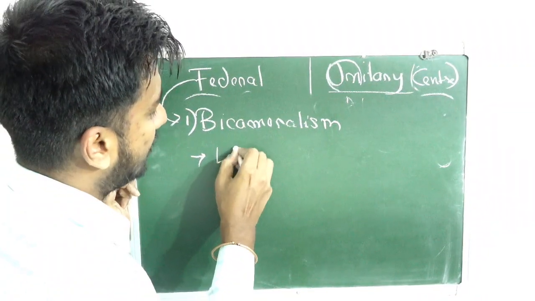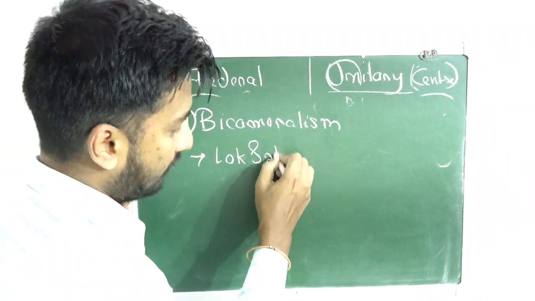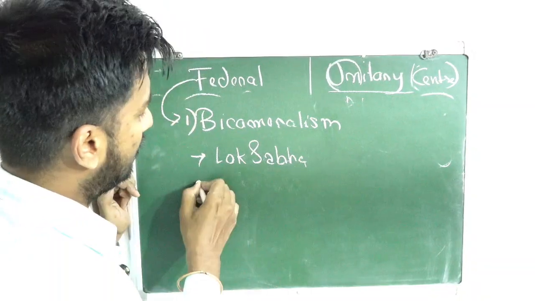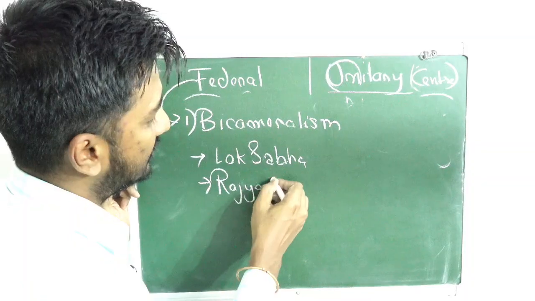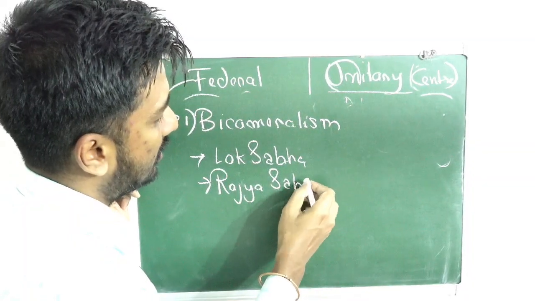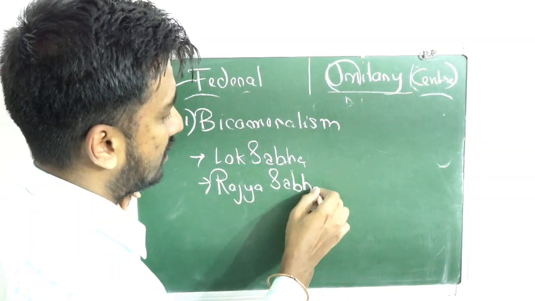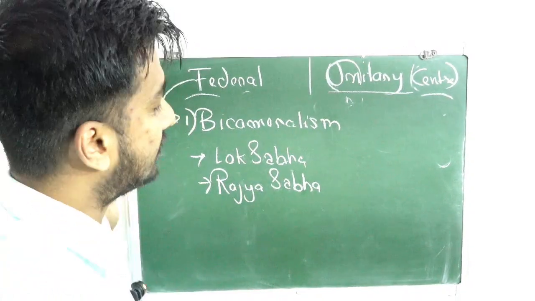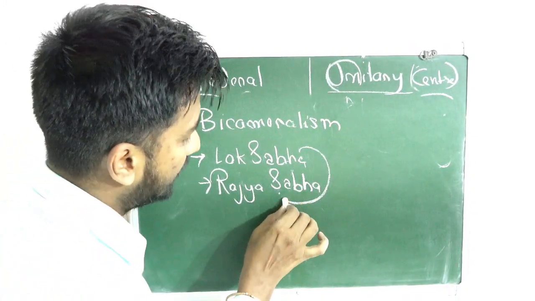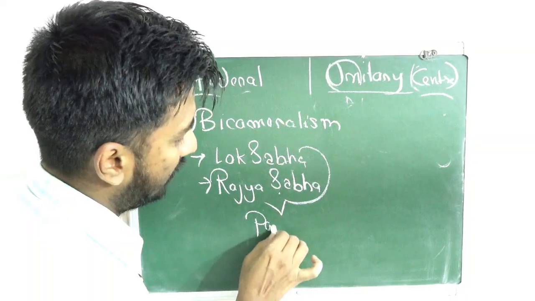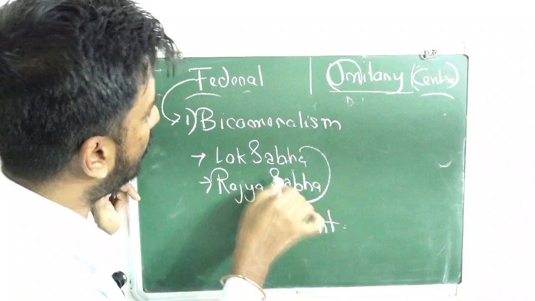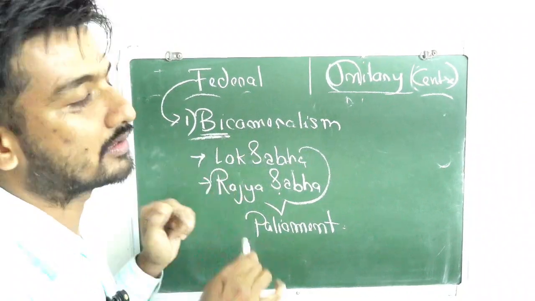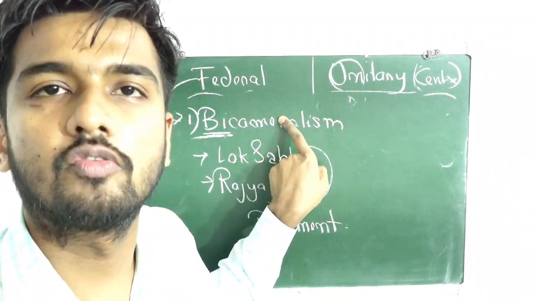One is the Lok Sabha, for example in India, and another is the Rajya Sabha. Both form a parliament. So bicameralism is a characteristic of the federal system of government.